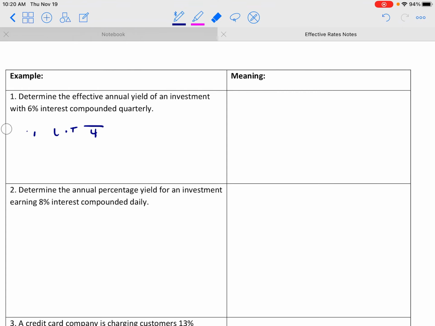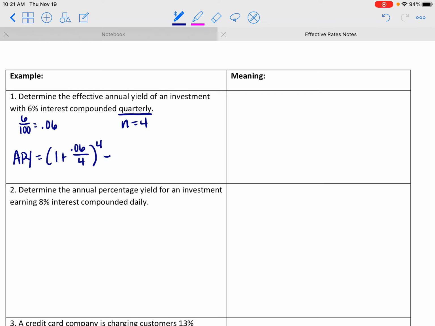So our APY is going to be 1 plus 0.06 over 4, and then we're going to raise it to the 4th power, and then at the end of that formula there's an additional minus 1. Don't worry so much about that minus 1. It is part of the formula to make sure that we're not worrying about any principal amount.